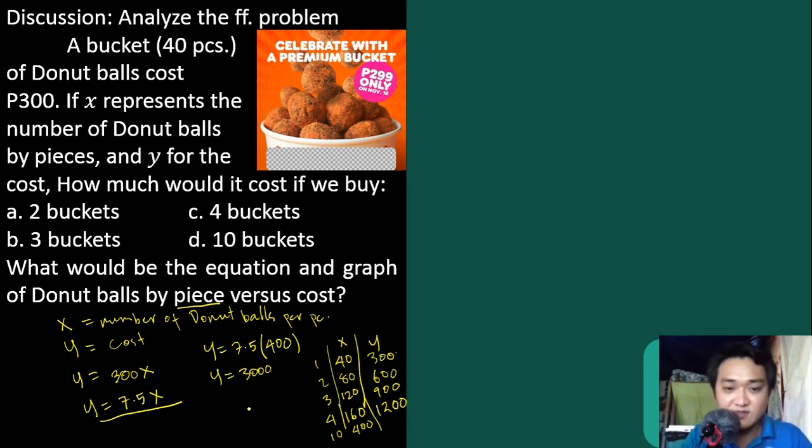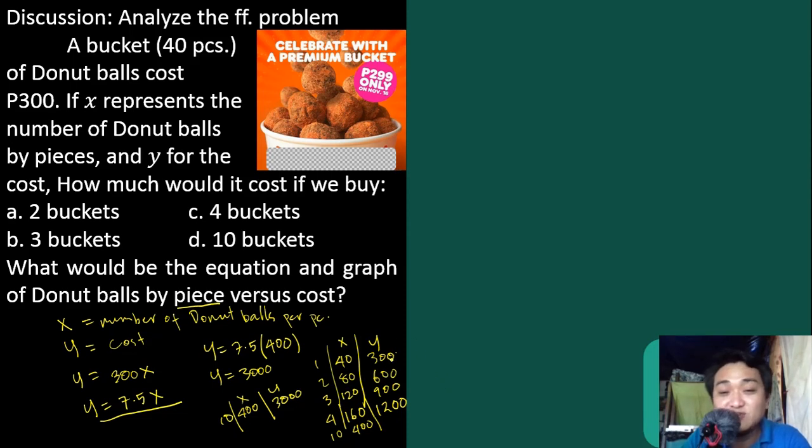So, we have if x is 400 pieces, meaning that is 10 buckets, y, yung presyo, will be 3,000. Now, ano kayang itsura ng graph niya? Ayun po.